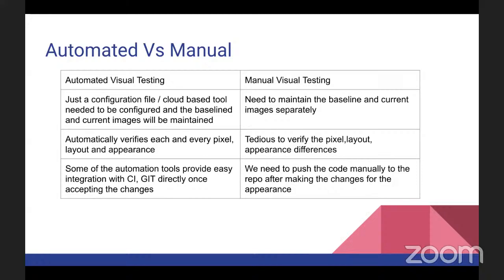So if I have some local changes and I'm currently deploying and verifying the visual changes, and I need to accept my changes, I can use that particular tool and push the new changes to Git also. So these are some basic differences that I have explored here.